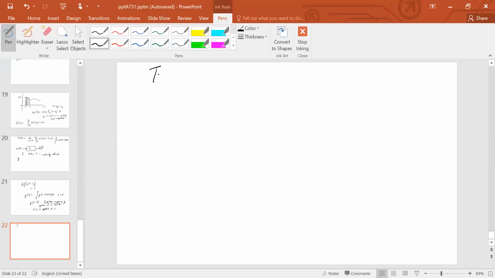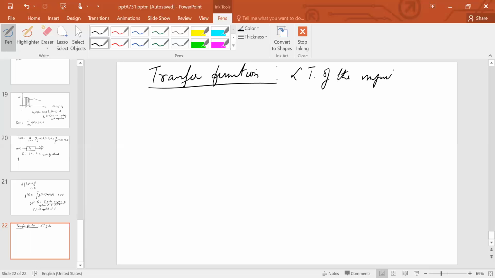So that is how it's defined. We'll see more details of this. For now, it just suffices to know the name. So this is the Laplace transform of the impulse response.